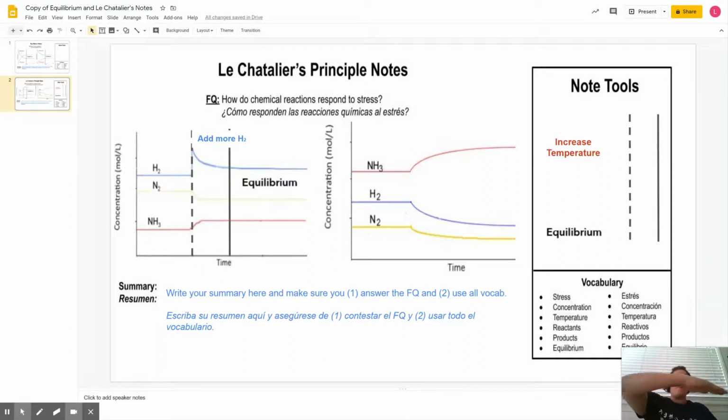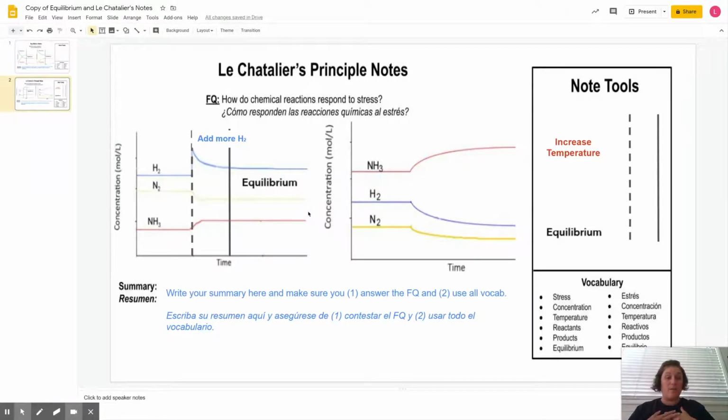They're all back at a horizontal spot. But notice they're in a slightly different area than they were before. So they weren't able to get rid of this stress completely, right? But they were able to accommodate and still level off to where the stress isn't impacting the chemical reaction as much.